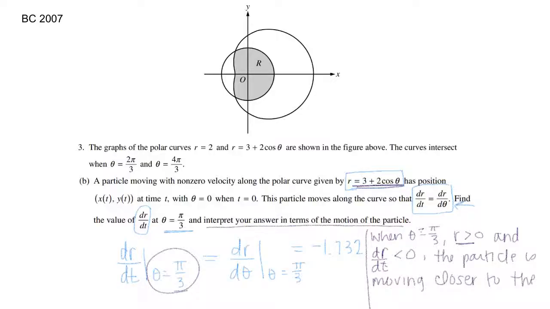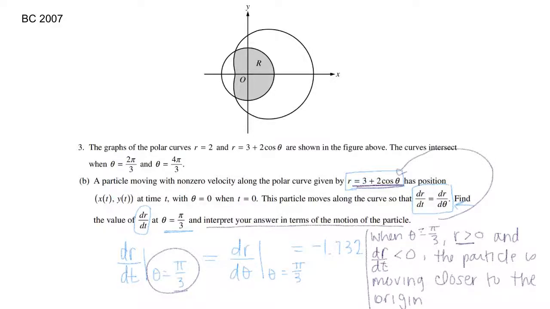I feel like that would be enough information there: moving closer to the origin, or the pole, if you want to think of it that way. It's the same place. So again, when theta equals pi over 3, for our radius you could do just a quick substitution.